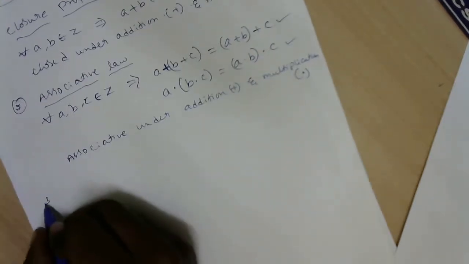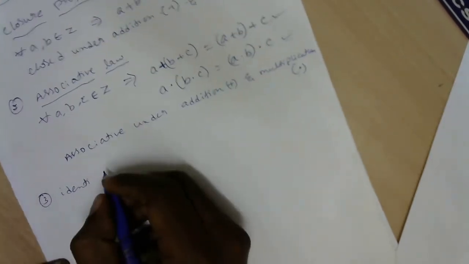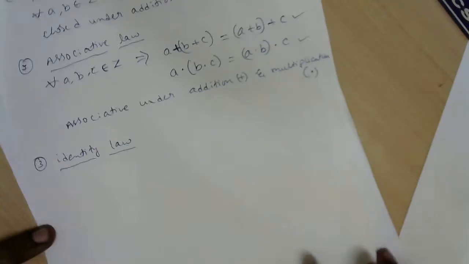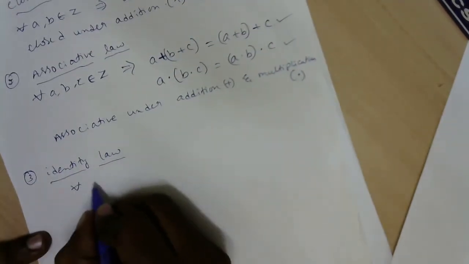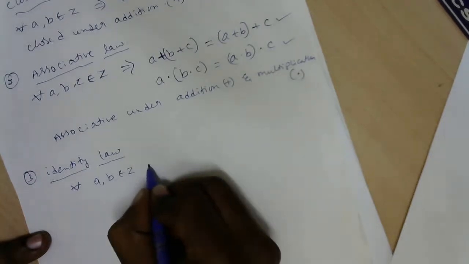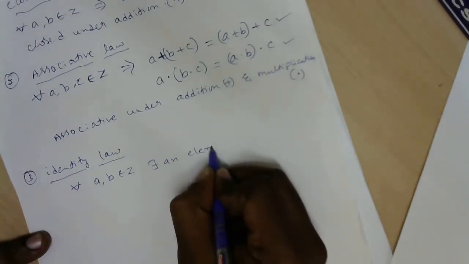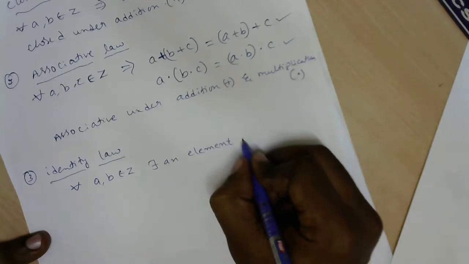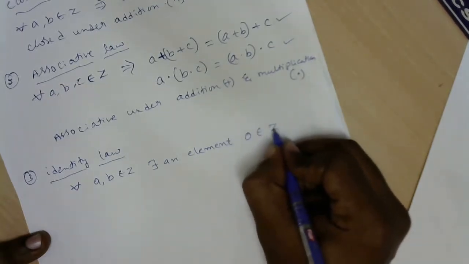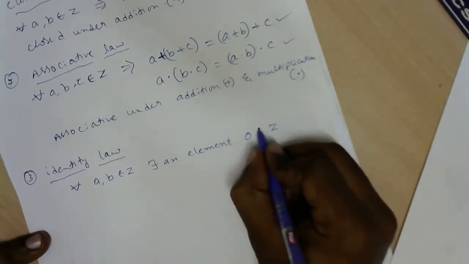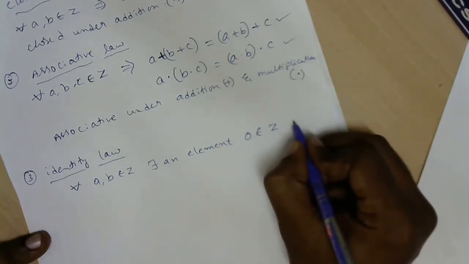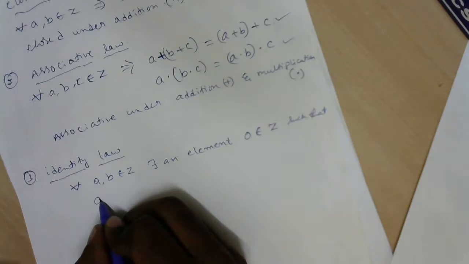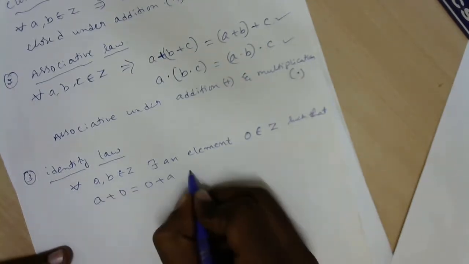So next, identity law. For all a belongs to Z, there exists an element 0 belonging to the integers such that a plus 0 equals 0 plus a, which equals a.